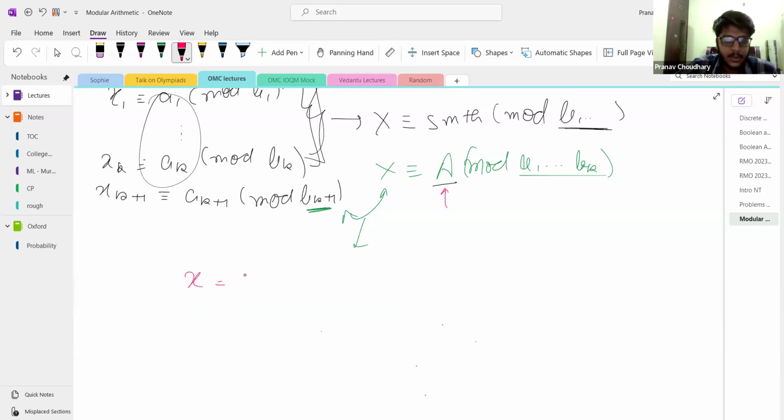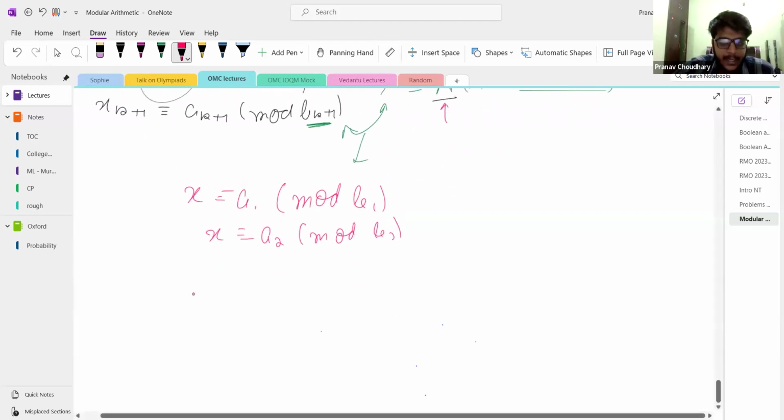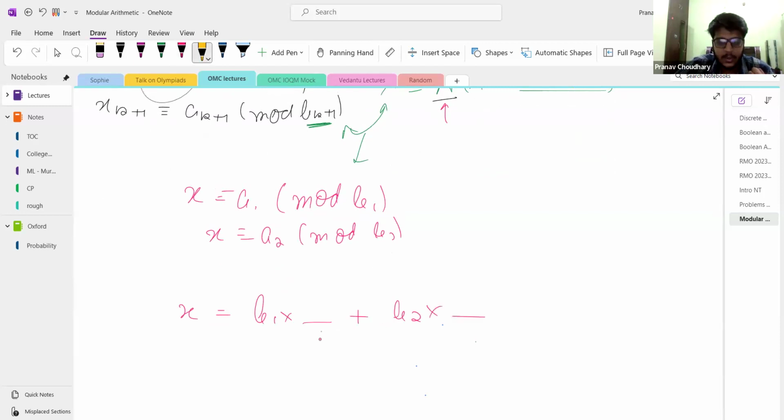So let's say you have x equals a1 mod b1 and x equals a2 mod b2. You can write x as, now see, when I take mod b1, x will be equal to b2q mod b1, right?